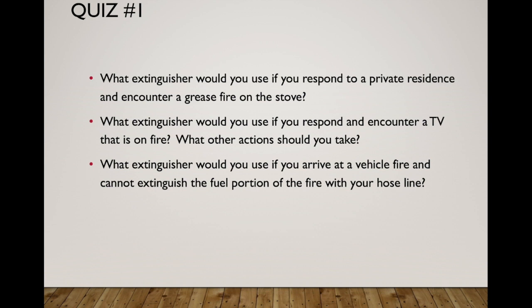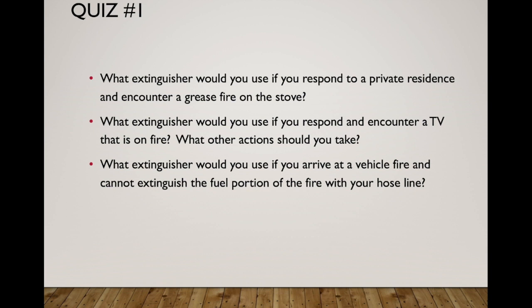So some simple things that we can do to extinguish a grease fire in a pan on the stove would be to turn the burner off to that pan, apply the lid if we can, so that takes away the heat, takes away the air or oxygen, and that hopefully will put the fire out. If not, then we will discharge that dry chemical extinguisher, which will put the fire out very quickly and easily.